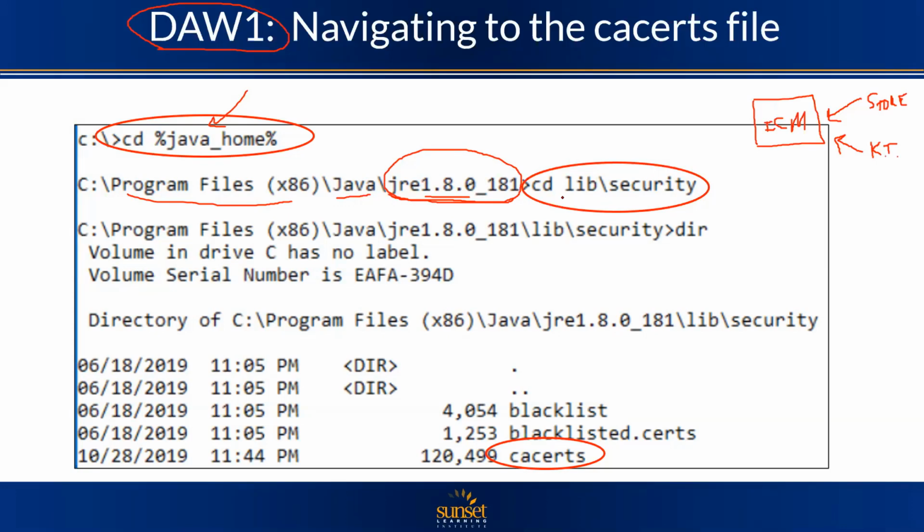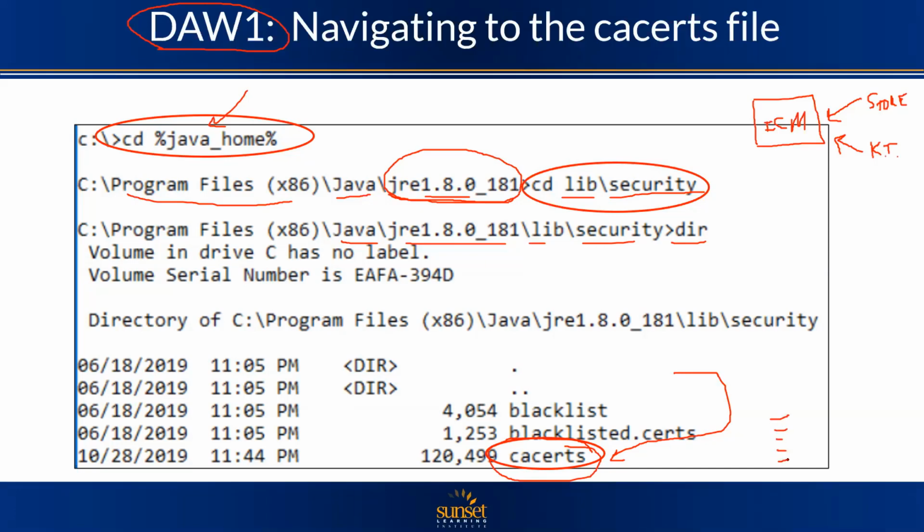I'm changing now into the lib security folder. So now I'm in the Program Files, Java, JRE, lib, security folder, typing in a directory listing here, and what I notice in that folder is this file called the cacerts file. And it's the cacerts file that actually contains a whole bunch of different security certificates.